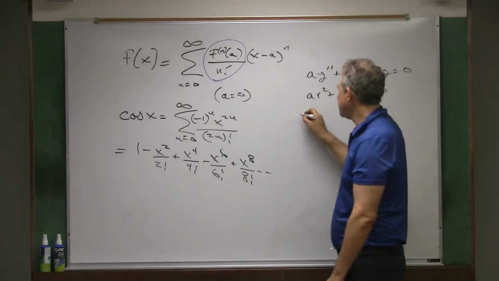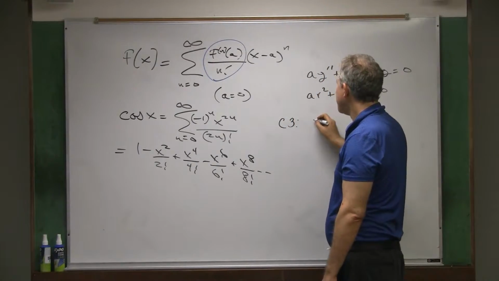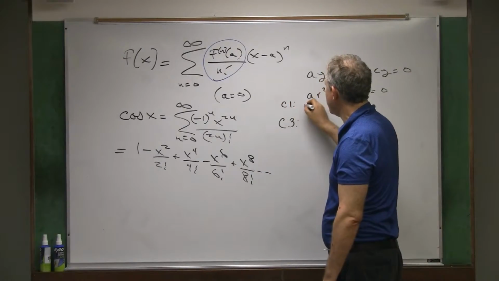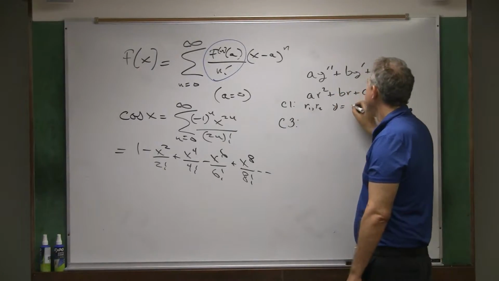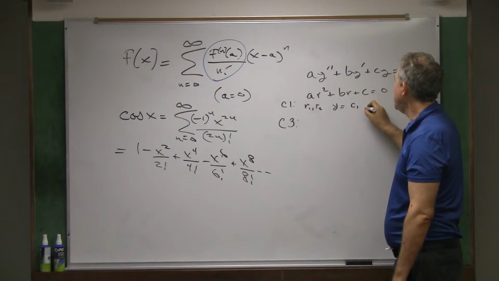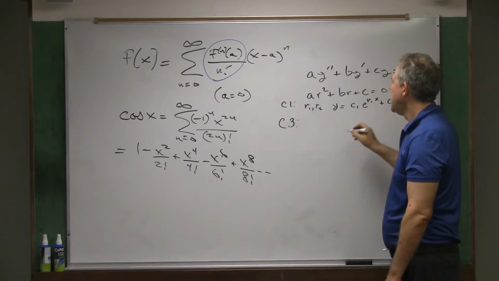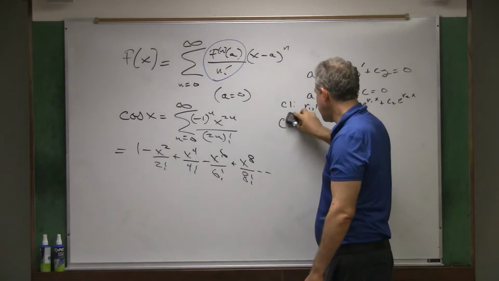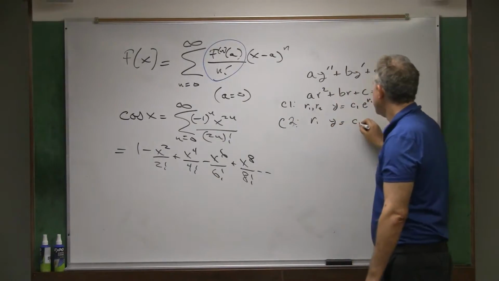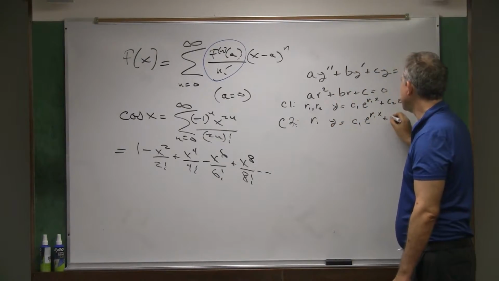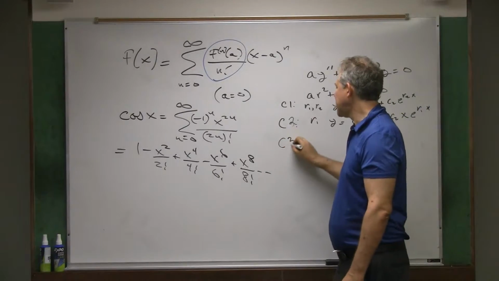In case 1 we had 2 real roots, and we just took y to be some constant c1 e to the r1x plus c2 e to the r2x. Then we had case 2 where we had a repeated root, and we had c1 e to the r1x plus c2x e to the r1x, and then we had case 3.